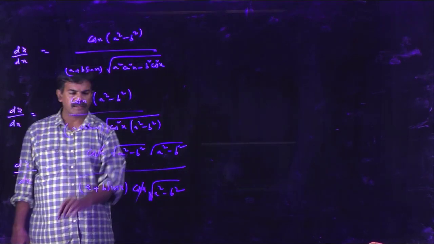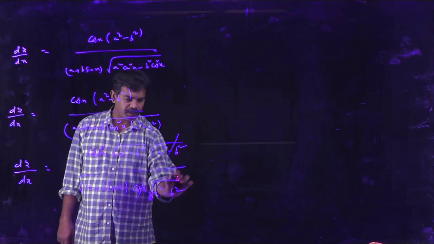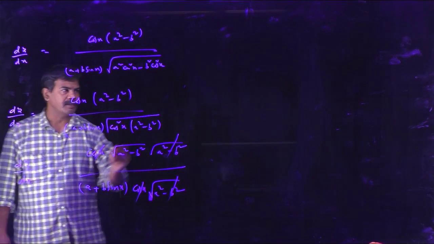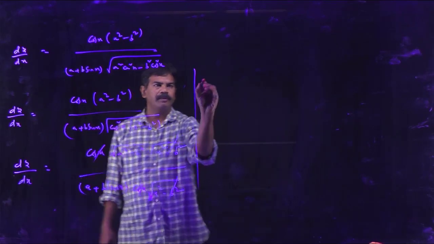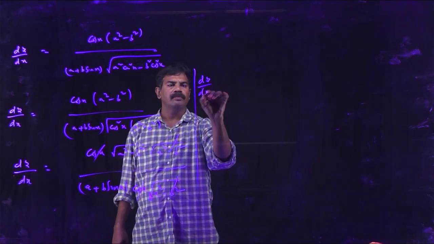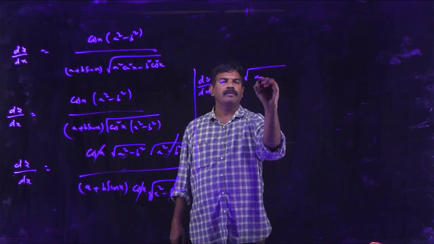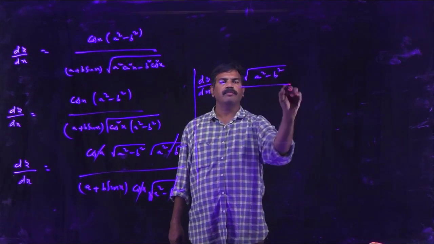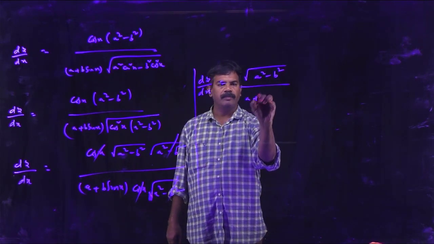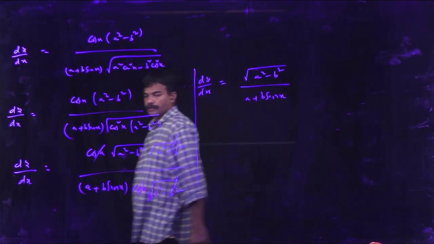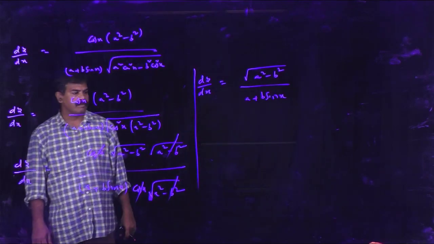Cos x cancels, root of a square minus b square cancels. Finally we get dy by dx is equal to root of a square minus b square by a plus b sin x. This is the derivative of the given function.